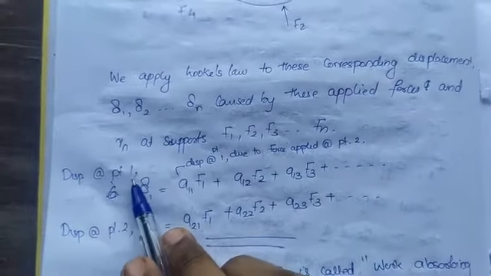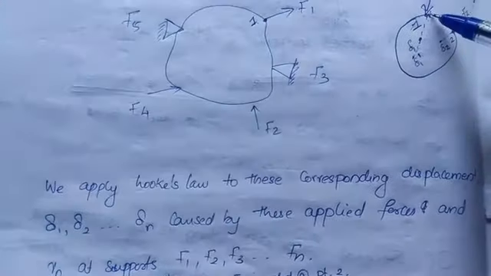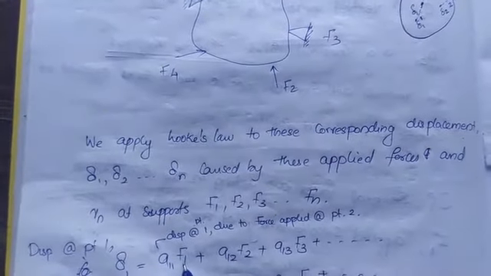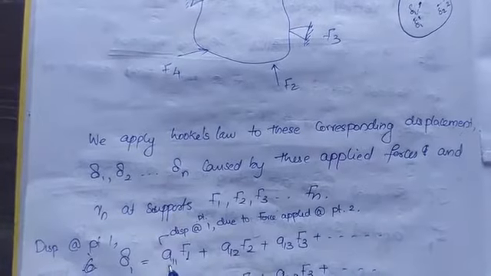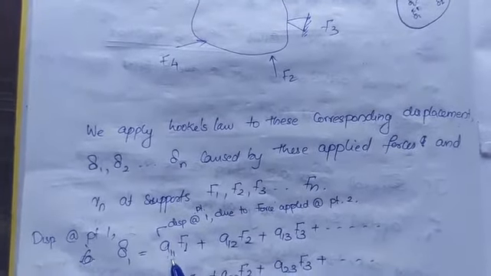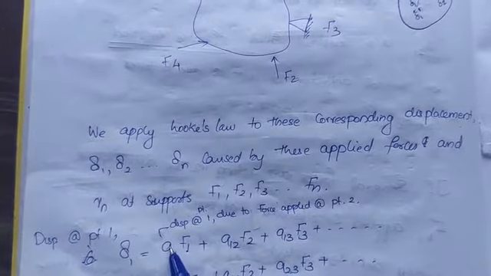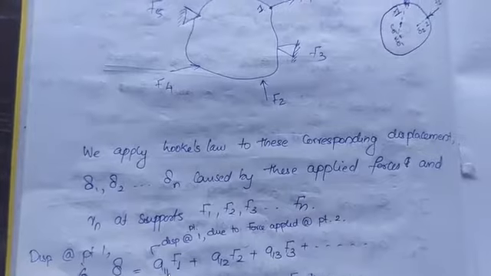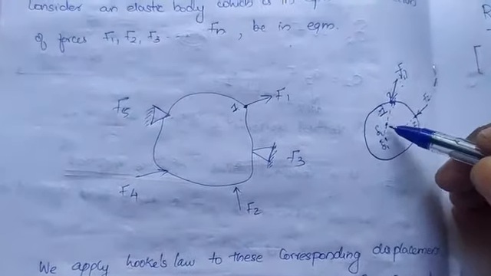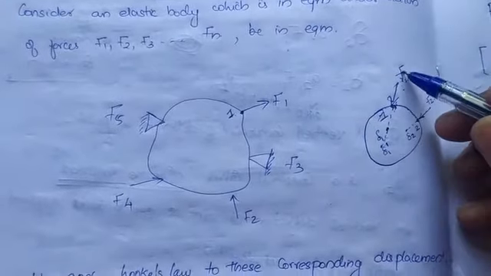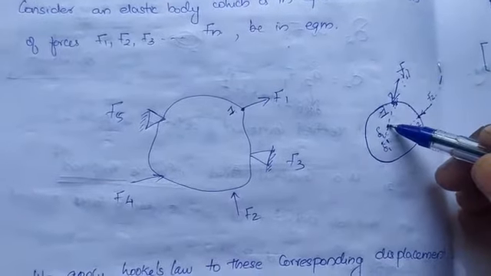This is what this equation tells. That means the total displacement at point 1 will be due to the force F1, whose influence coefficient is A11. A11 means the displacement at point 1 due to force at point 1, that is delta 1.